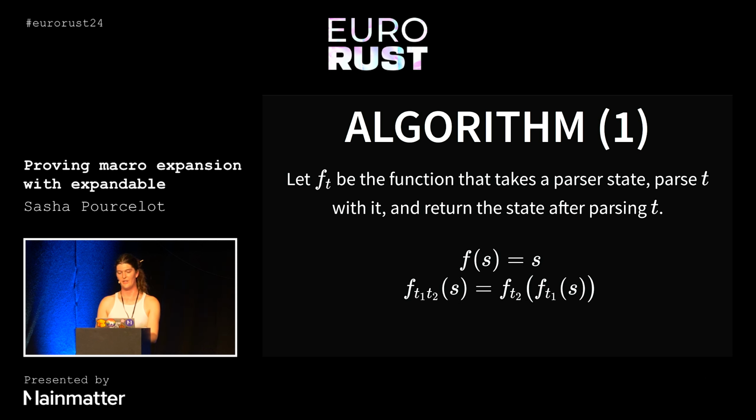f has interesting properties. For instance, not giving it a single token returns the exact same input state, and parsing multiple tokens in a row corresponds to calling f multiple times and composing its results. So the first rule is called the identity rule, and the second one is the composition rule.